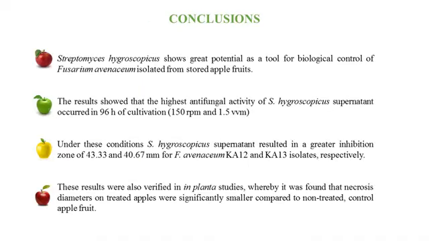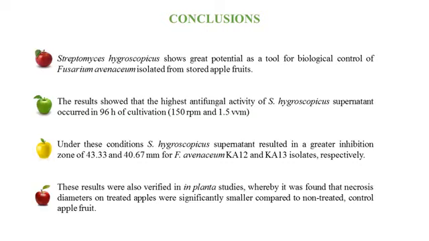And conclusions. Streptomyces hygroscopicus shows great potential as a tool for biological control of Fusarium avenaceum isolated from stored apple fruits. The results show that the highest antifungal activity of Streptomyces hygroscopicus supernatant occurred in 96-hour cultivation under defined conditions.